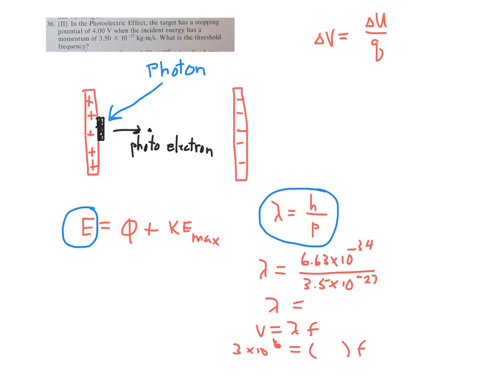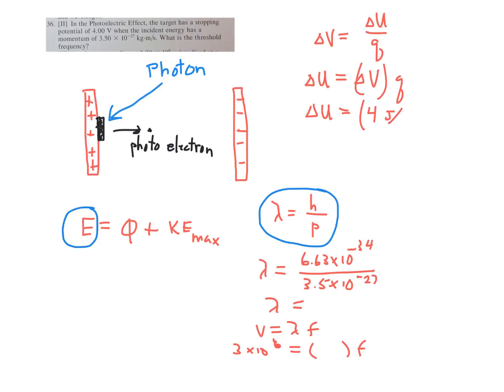So in other words, if I rearrange the equation once again, I get, let me go back to red, delta U, the change in potential energy, will be delta V times Q. And this is an electron. So delta U is going to be the 4 joules per coulomb. That's my potential difference.